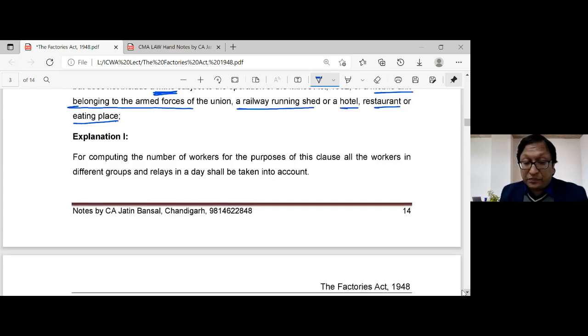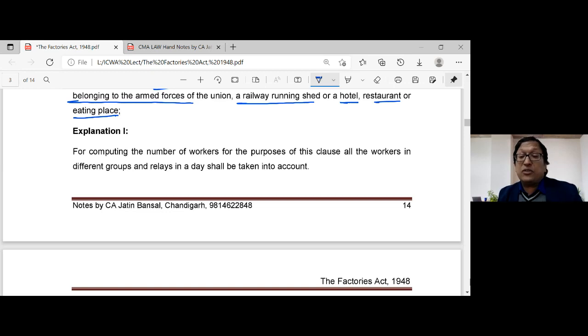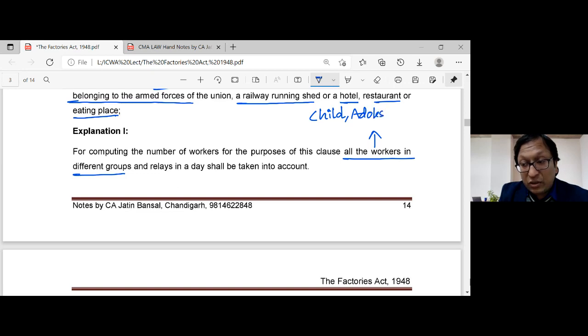Now, for computing the number of workers for the purpose of this clause, we need to include all the workers in different groups: children, persons who are 14 years of age but less than 15; adolescents, the persons who have completed 15 years of age but are less than 18 years; and adults, male and female.